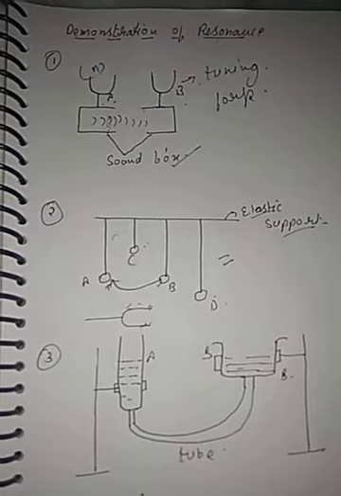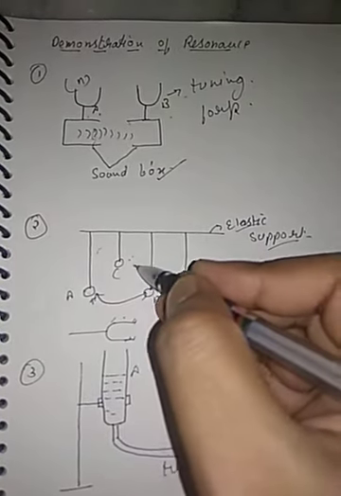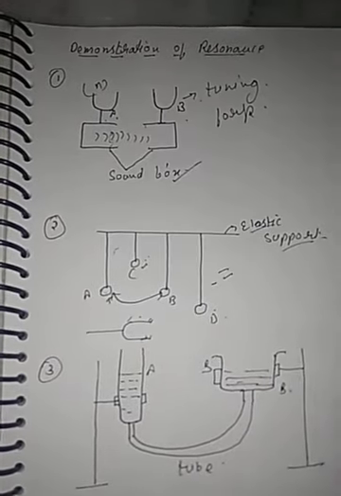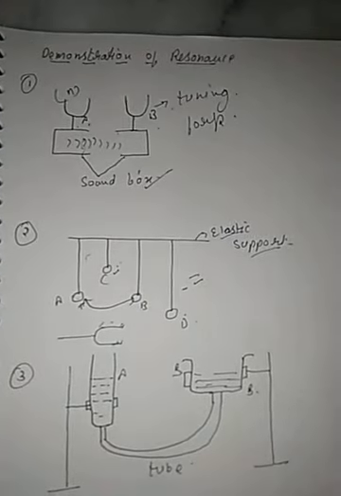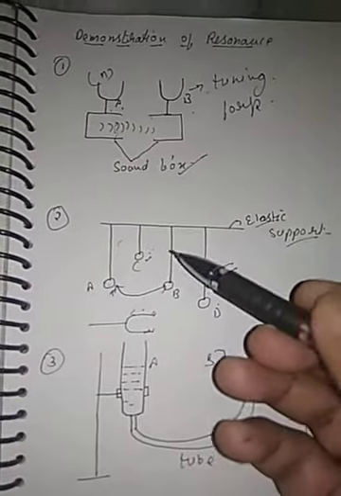Now what happens to C and D? The energy is given only to A. After some time, C and D also vibrate. C vibrates with a smaller amplitude because of its different frequency. Clear? D also vibrates with a smaller amplitude because of its different frequency.